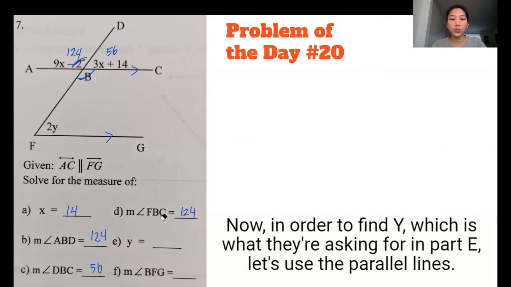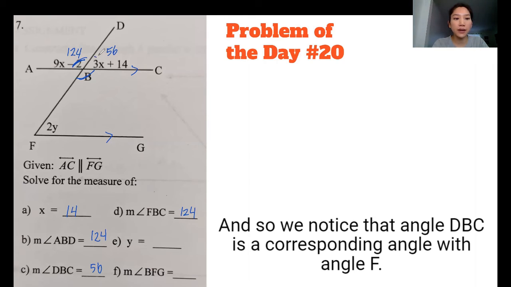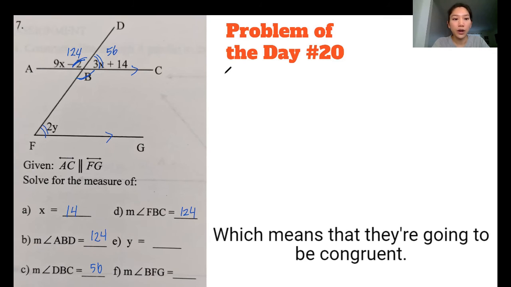Now, in order to find Y, which is what they're asking for in part E, let's use the parallel lines. So they tell us that AC is parallel to FG. And so we notice that angle DBC is a corresponding angle with angle F, okay? Which means that they're going to be congruent.